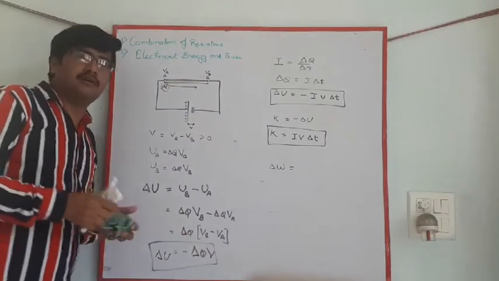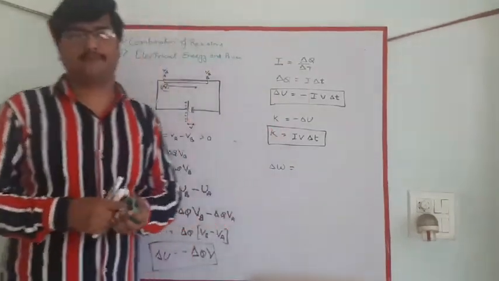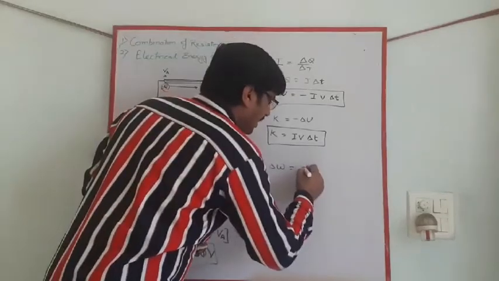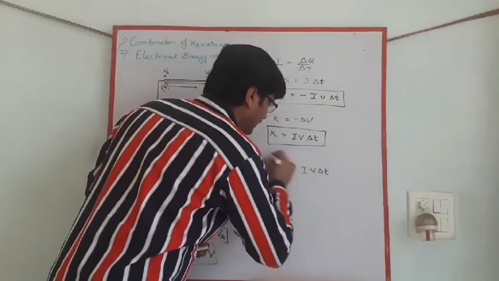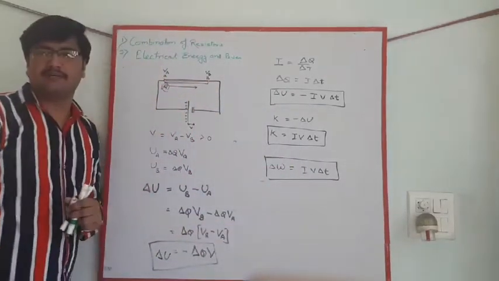Which work done? These immobile ions will start vibrating vigorously. So work done will be equal to IV delta t. The change in kinetic energy will appear in the form of work done.